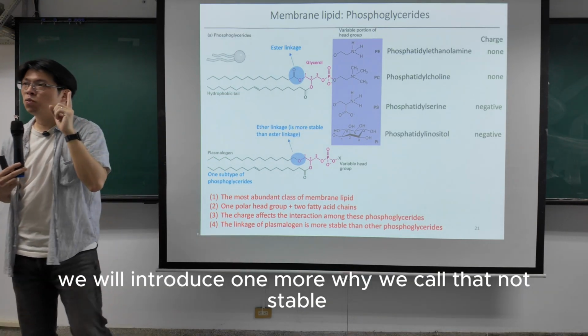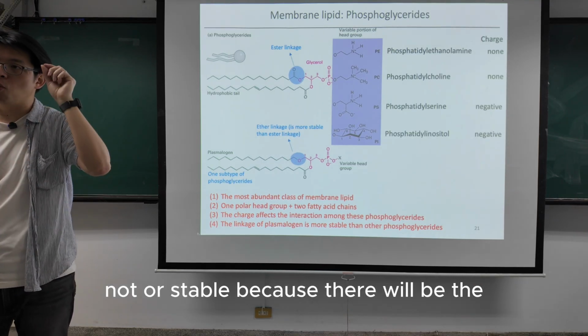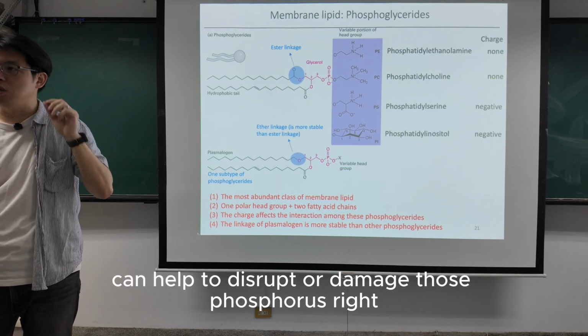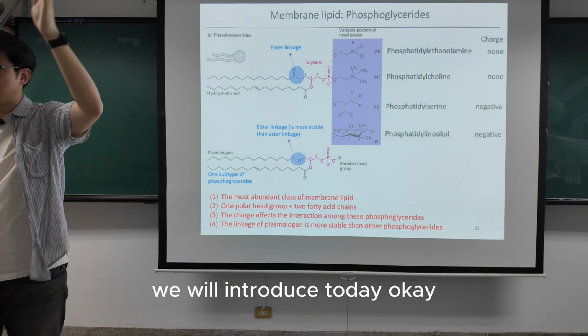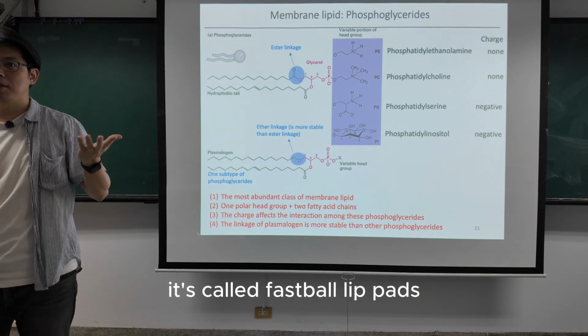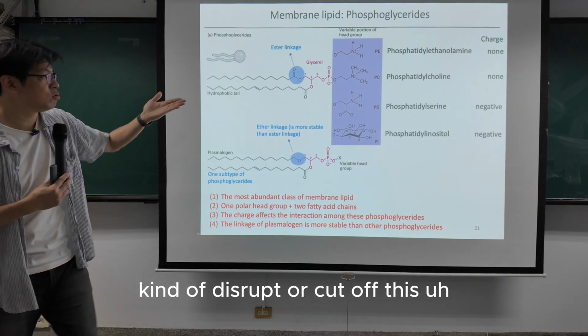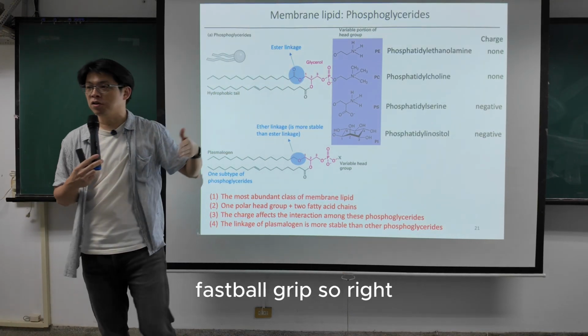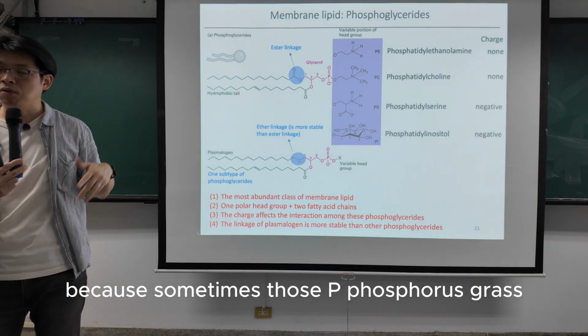We will introduce one more thing. Why do we call it not stable, or stable? Because there is an enzyme that can help to disrupt or damage those phosphoglycerides. We will introduce it today, okay? It's called phospholipase. Those are lipases. Why do they need to cut off this phosphoglyceride? Because sometimes those phosphoglycerides get damaged.